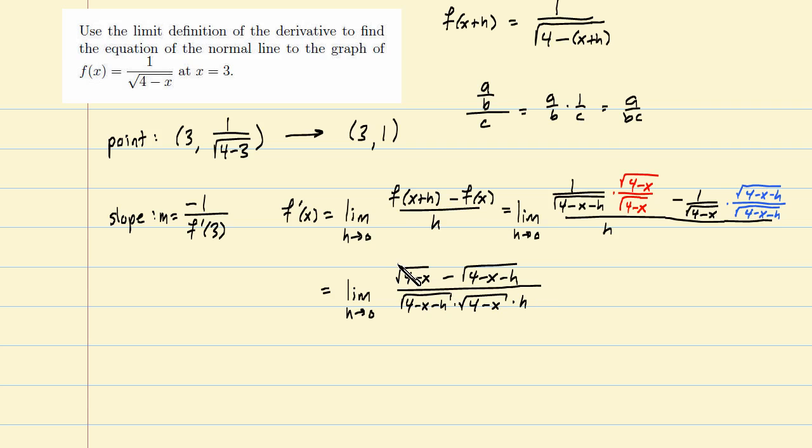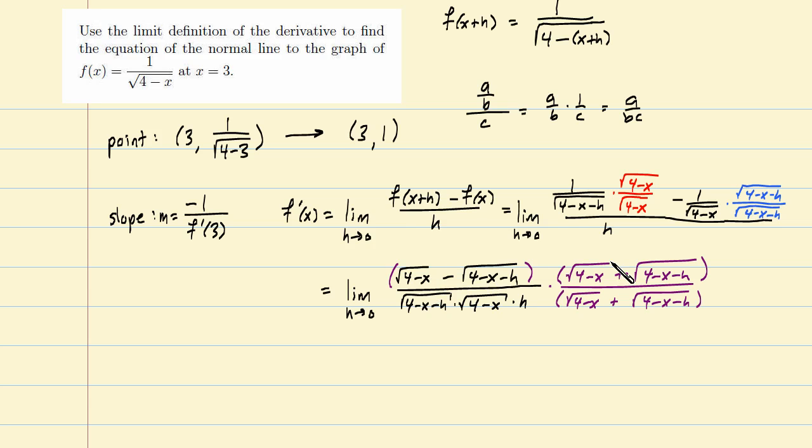So in this particular case, I'm going to multiply this numerator by the square root of 4 minus x plus the square root of 4 minus x minus h. Again, though, I can't just multiply the numerator by that and leave the expression unchanged, so I need to multiply the denominator by that mess as well. And again, these parentheses are very handy here. Make sure you include them.